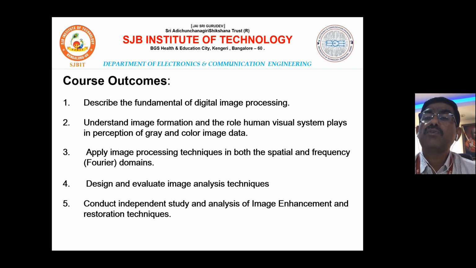The frequency is nothing but Fourier. And the fourth module, we look into that. I explained the evaluation and representation of an image. So here, design and evaluate image analysis techniques. We have to fulfill this course outcome. These are the course outcomes fulfilled once the subject is complete.